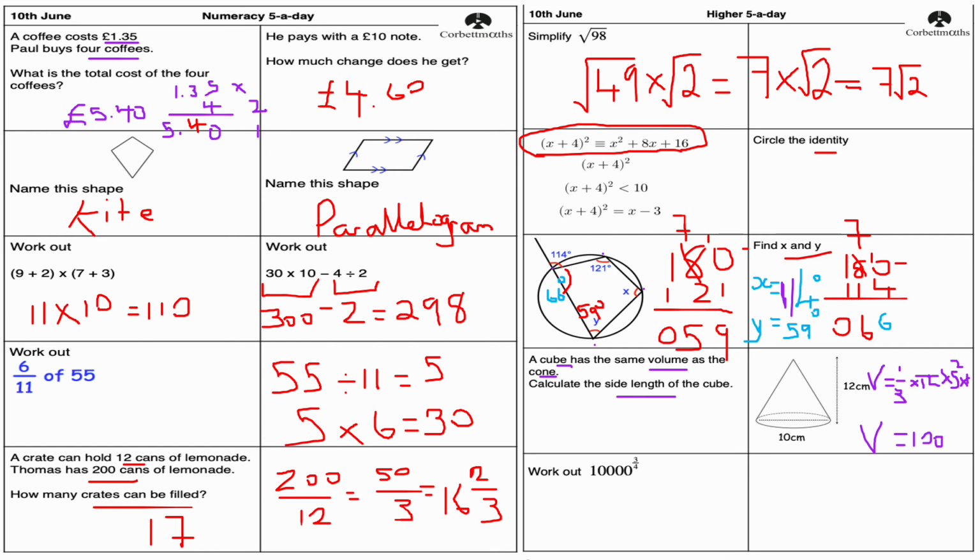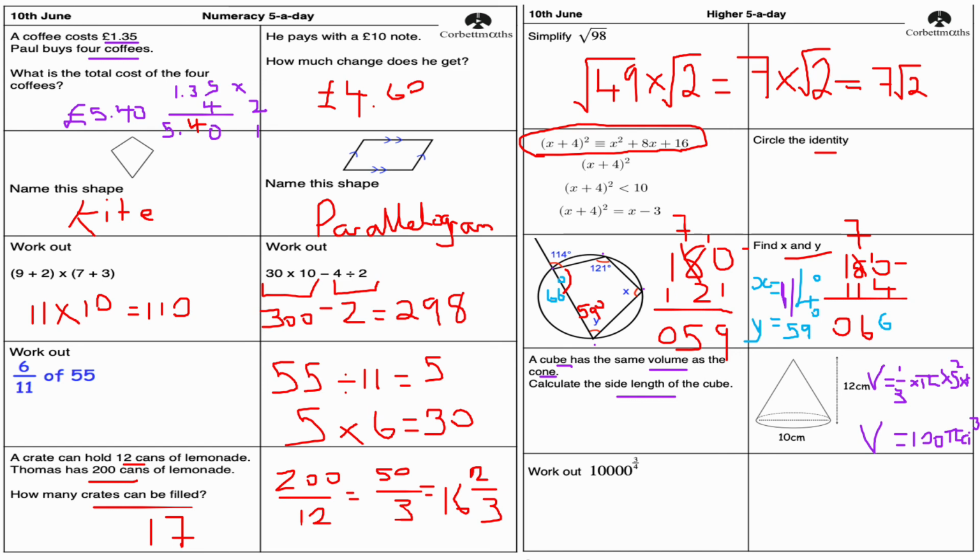I'll leave the pi in for now and then round my answer at the end. So a third times pi times the radius squared times the perpendicular height. So it's 5 squared times 12, times a third or divide by 3, and then it's 100 pi centimeters cubed.